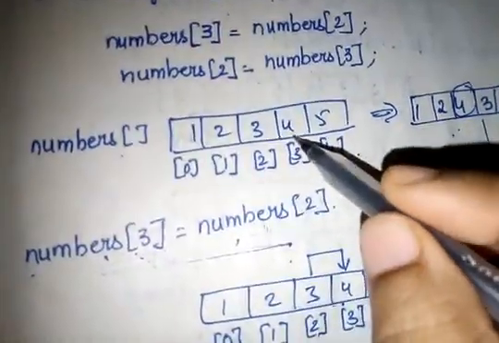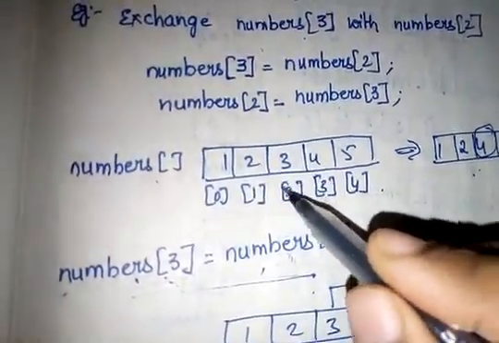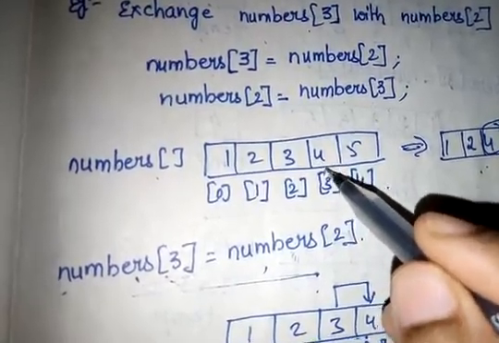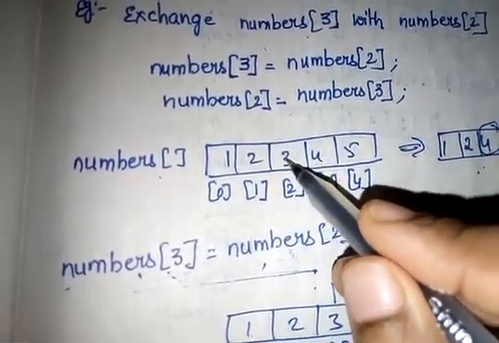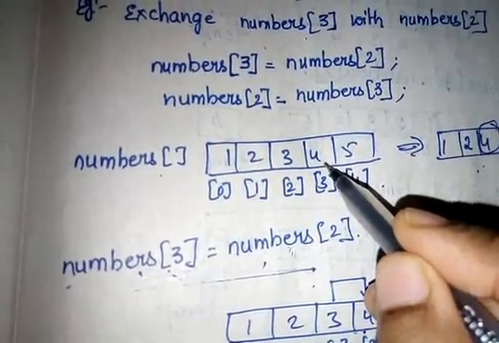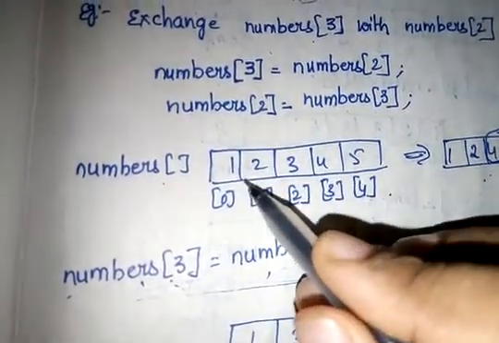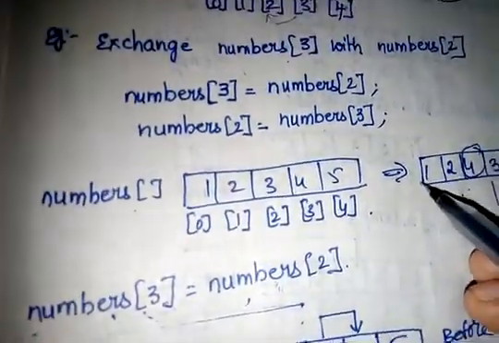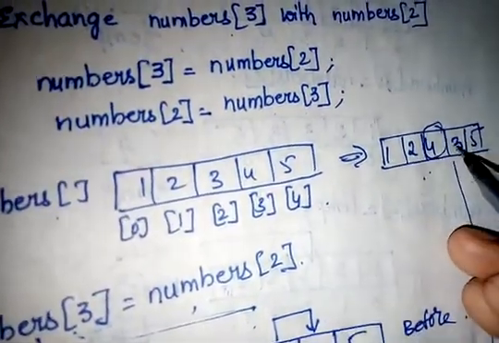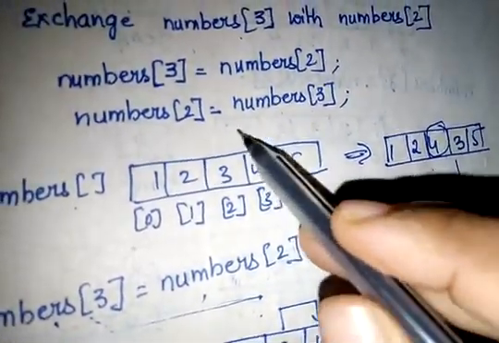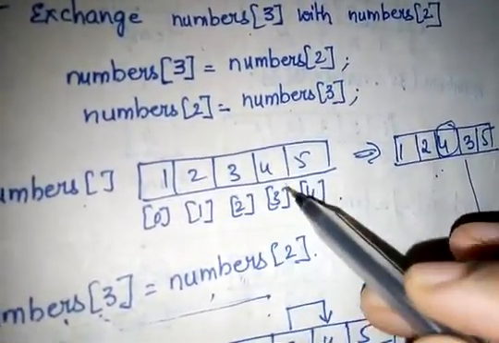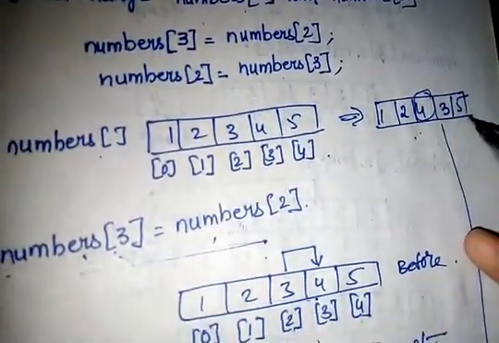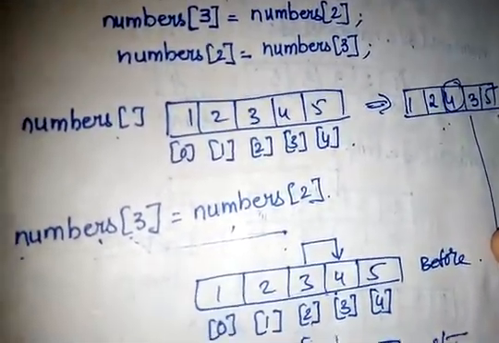When we exchange the values at 2 and 3, the value at index 3 should be placed in position 2 and the value at index 2 should be placed in position 3. So the final output we should get is 1 2 4 3 and 5. Like this we need to get our output.